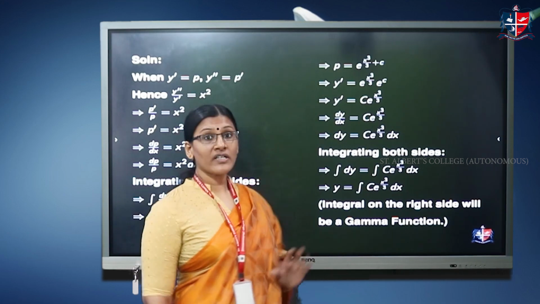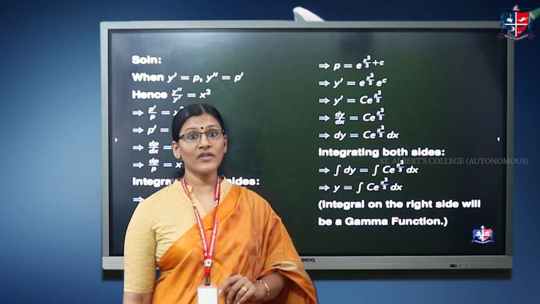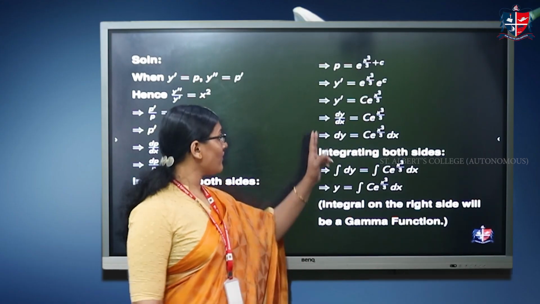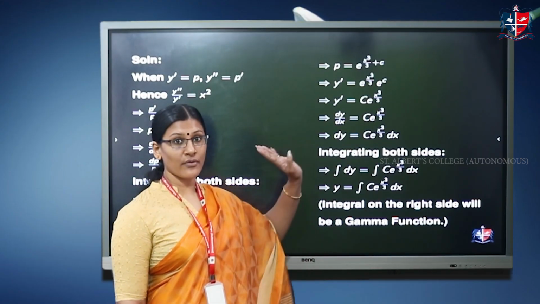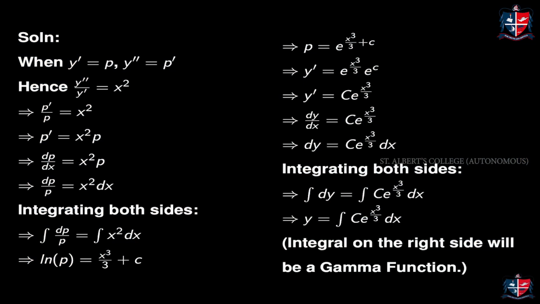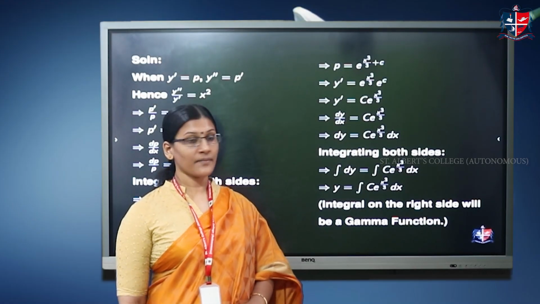Now, again we got a first order ordinary differential equation which we will solve using the technique of separation of variables. For that, we try to separate the variables in this equation. We take dx to the right hand side and we get dy equal to C into e raised to x cube by 3 dx. So we have separated the variables. Once we have separated the variables, we integrate both sides.